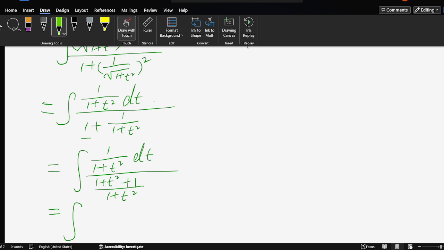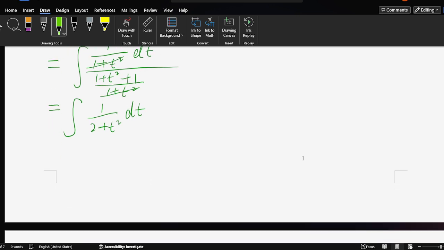Oh my God, I felt it was a mistake, but there is no mistake. So now I continue. You see here the common factor in the denominator, so now we find it's 1 over 2 plus t squared dt.